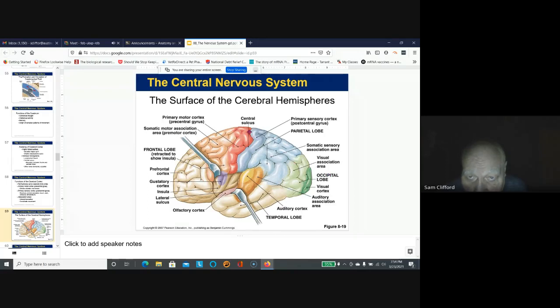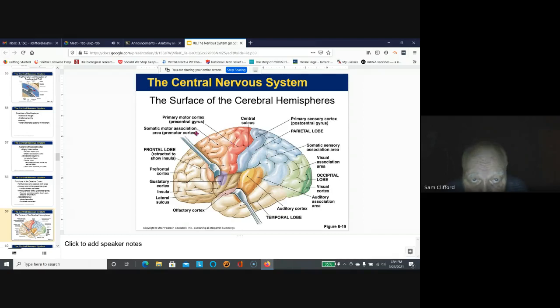So here's the central sulcus, and the primary motor cortex takes care of muscle movement. All sensory information is processed in this primary sensory cortex called the postcentral gyrus. There are association areas that are involved in the processing of that sensory information, and so on.